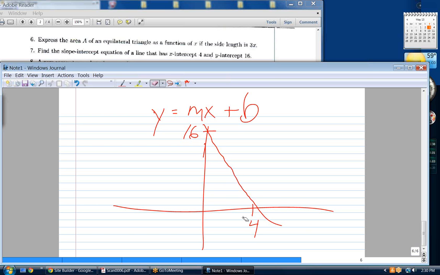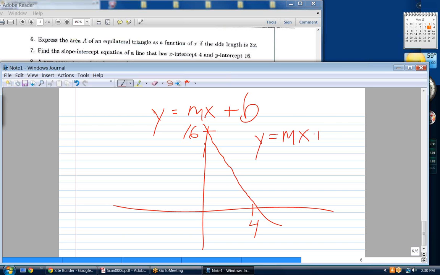And we can also use the x-intercept, plug in 0 for y and 4 for x and 16 for b. Starting with what function? y equals mx plus b still. Okay, I see what you're going to do.